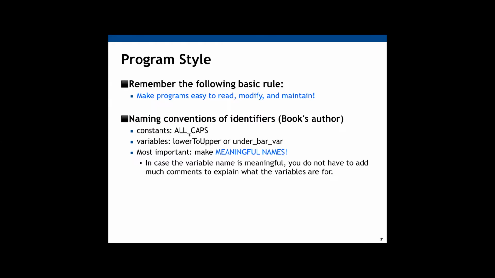But it is good practice to declare constants with all capital letters, so that even if one appears in the middle of the program, we can immediately know that it is a constant. Similarly, variables start with a lowercase letter. And as we talked about in the previous slides on identifiers and variables, always try to give meaningful names to variables.